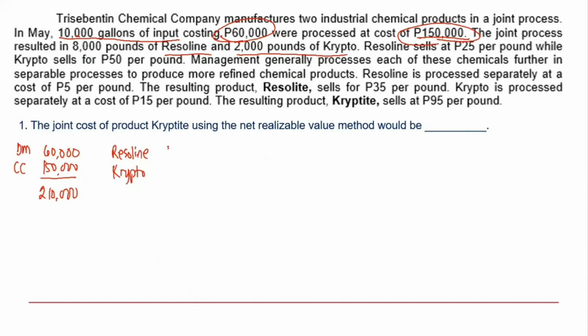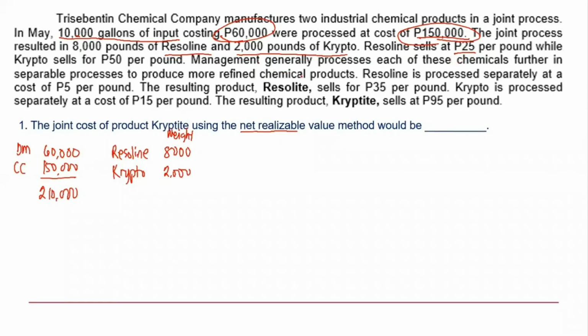So ilan kay Resolene? 8,000. And then sa crypto, 2,000 pounds. Okay? So yung weight na na-produce. And then Resolene sells at 25 per pound. Kasi net NRV po ang gamit natin, kaya po ilalagay na natin. So Resolene sells at 25 per pound while crypto sells for 50 per pound.